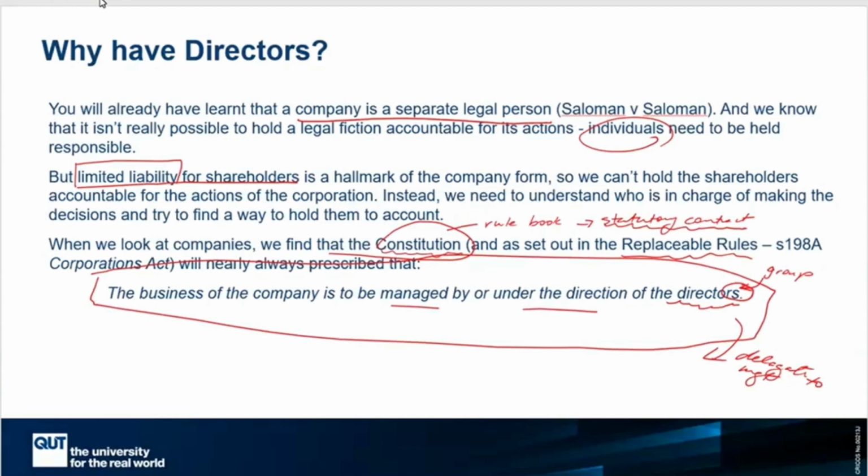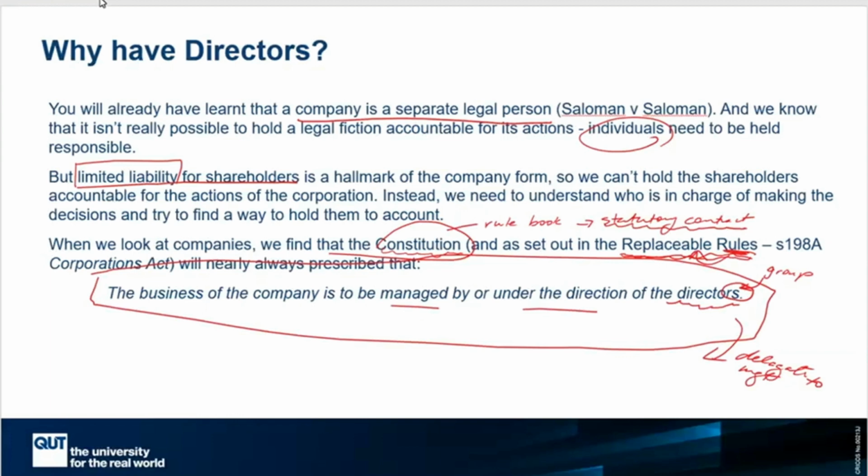If you don't have a constitution for your company, and you don't actually need a physical document these days, the law assumes that you have agreed to these replaceable rules. They're the rules on how to run the company, but you can replace them if you don't want to do it that way. So replaceable rule section 198A says the business of the company is to be managed by or under the direction of the directors.